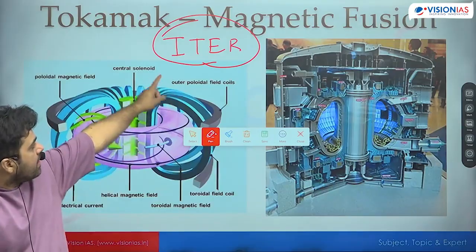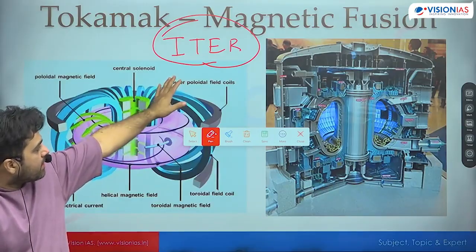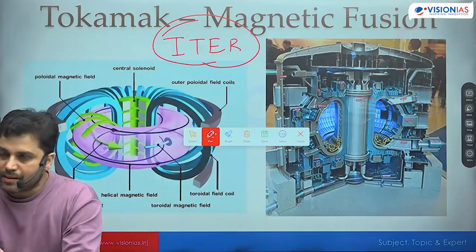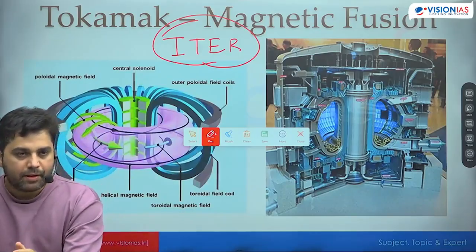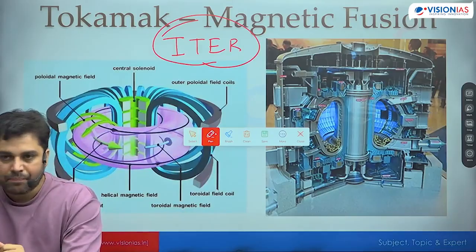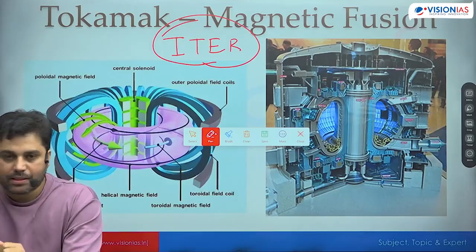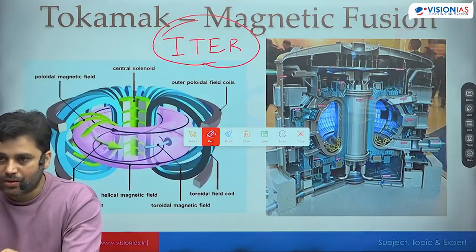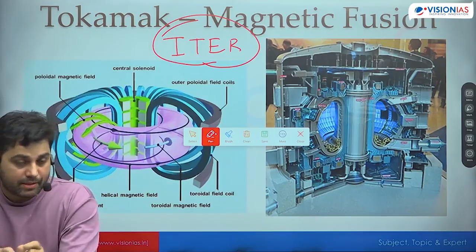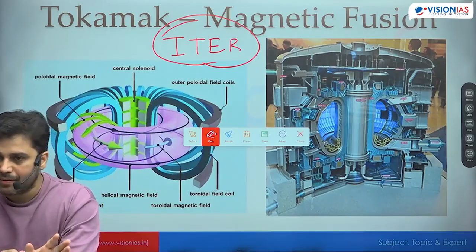This International Thermonuclear Experimental Reactor is a collaboration among many countries. Many countries have come together. They have pooled their resources. They have pooled their talent. And then they are working towards construction of the world's largest tokamak, which is situated in France, in southern France.